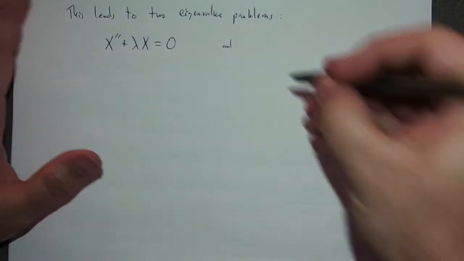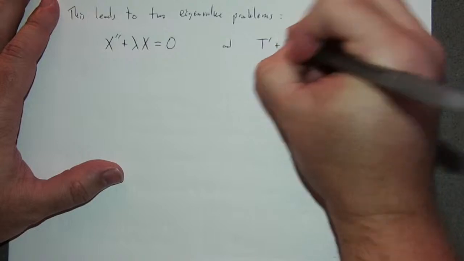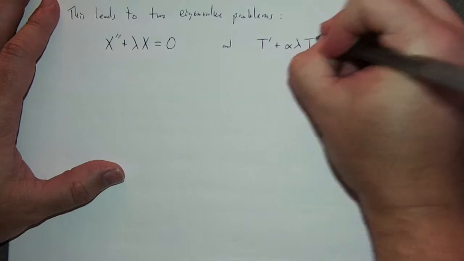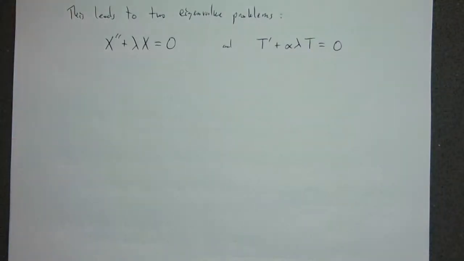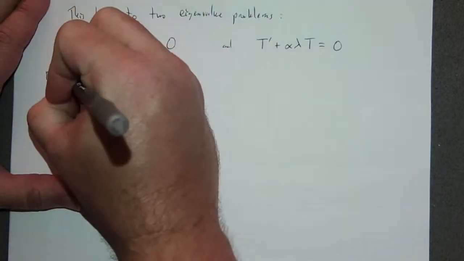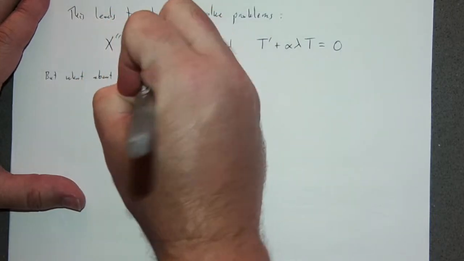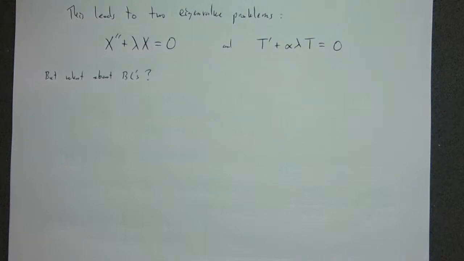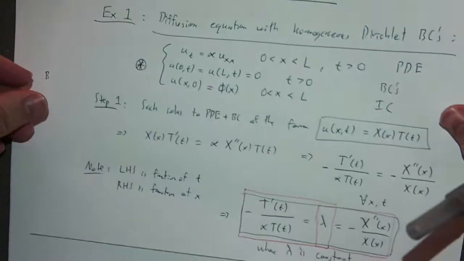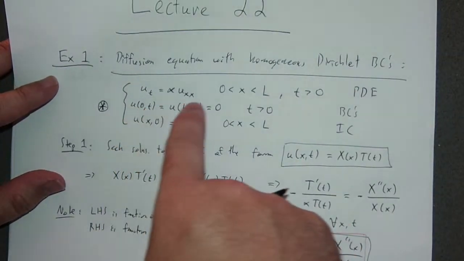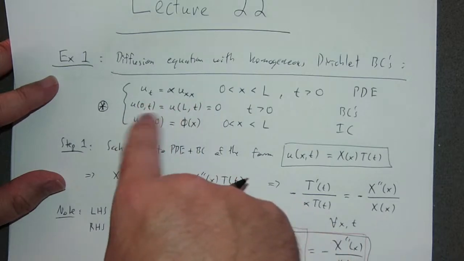Right? This is going to be t prime plus alpha lambda t is equal to 0. But what about the BCs? Well, let's revisit these. So my boundary conditions were that u is 0 at the ends of this interval.